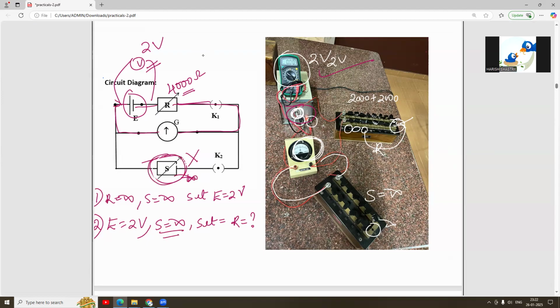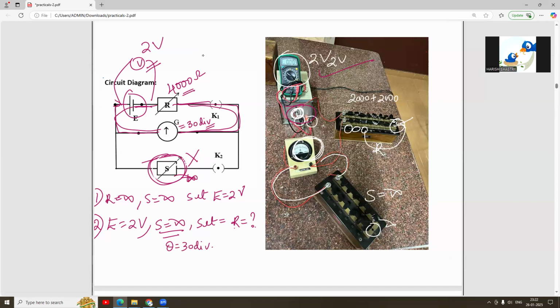So we have kept S equal to infinity. Now plug R with some resistance, unplug some resistance and plug the infinity key so that current flows through this. How much current? So that the galvanometer deflection is 30 divisions. That is the condition. So R is equal to how much, so that deflection is 30 divisions. That is the next step.